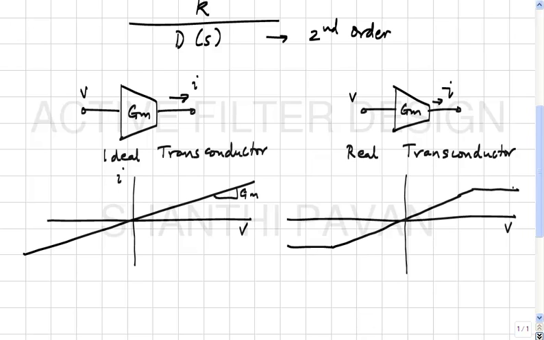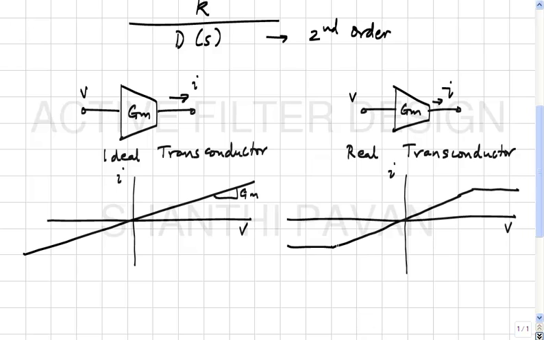But at this point, one should be able to accept without too much protest that, yeah, sure, while I can't at this point predict how exactly this curve looks like, I must definitely expect a range beyond which the current cannot be linearly related to the voltage.